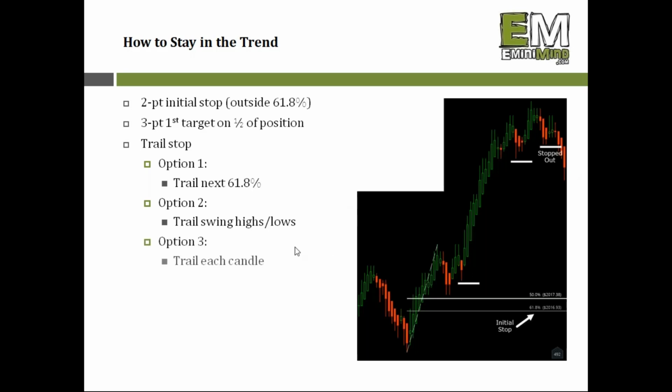Option 3 that I like to use is to trail each candle. And this is something I'll do more on a daily chart, but intraday, if we get moving fast, rather than just hitting the flatten button to close out of the whole position or being scared of what to do, you can just drag your stop up underneath each candle.